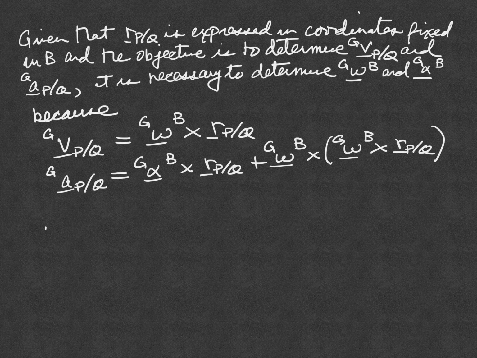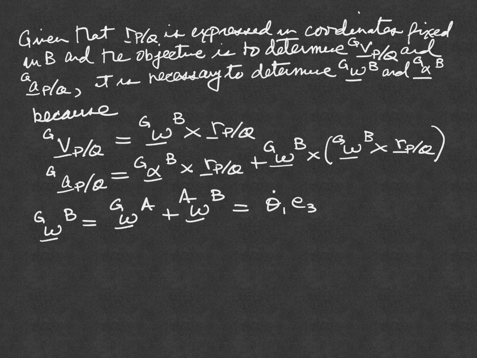So the angular velocity of B in G is equal to the angular velocity of A in G plus the angular velocity of B in A. Now, A rotates relative to G by an amount theta 1, and the angular rate is theta 1 dot, and the direction is the direction E3. So this is equal to theta 1 dot E3.